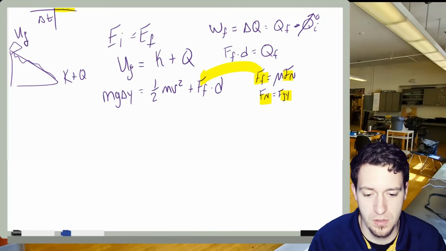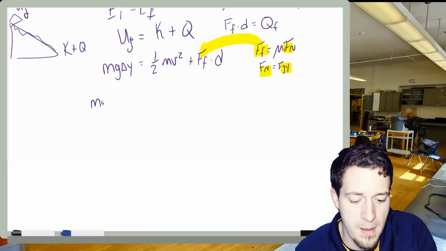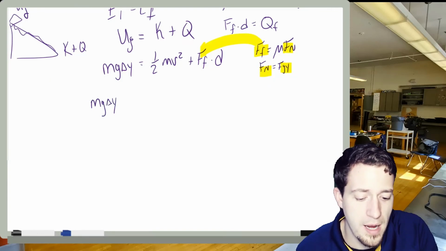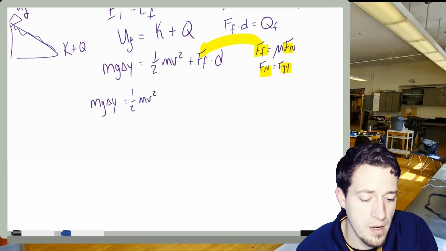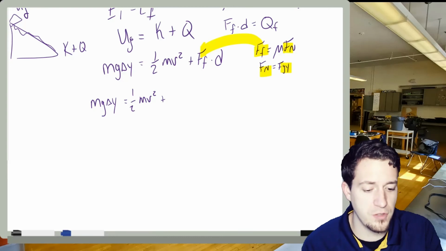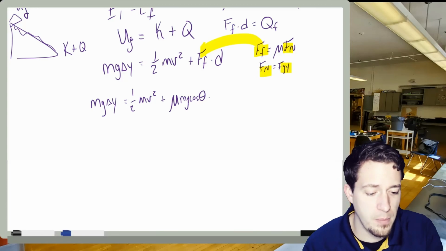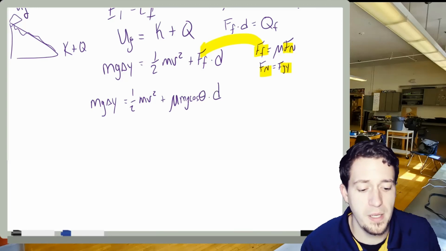Now, let's take this one step further to sort of write this out. So this would be mg delta y, right? And then this is 1/2 mv squared, and then the force of friction would be mu Fn, and Fn is Fgy, so it's really mu, and then this would be mg cosine theta, and that would be multiplied by the displacement.